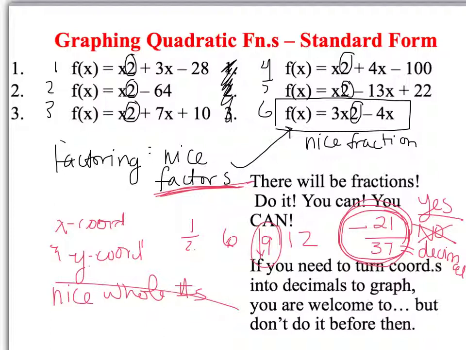So on this one, if we change that to a decimal, we'd have negative 21 divided by 37, and we get 0.56. We'll go 0.57 with our rounding. So the next number was a 7. We get 0.57, so that's a little bit over 1/2 in the negative direction. And so that's where you'd put it. What label would you put on it? When I say to label your vertex, you'd give the most accurate label. We're just going to use the decimal to estimate where to put it on the actual graph to make our lives easier.